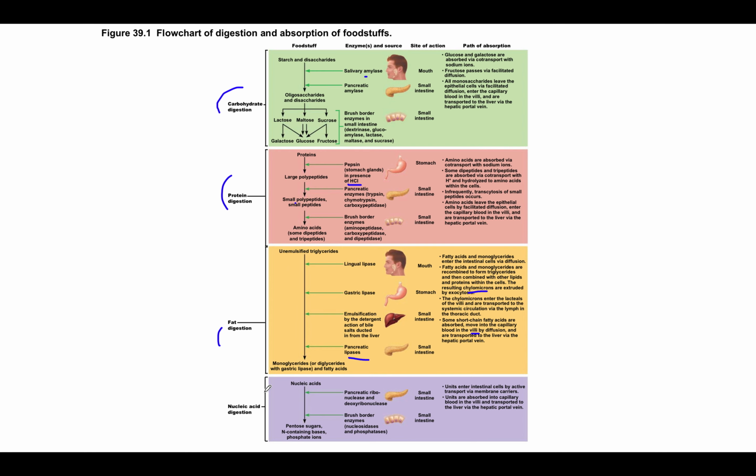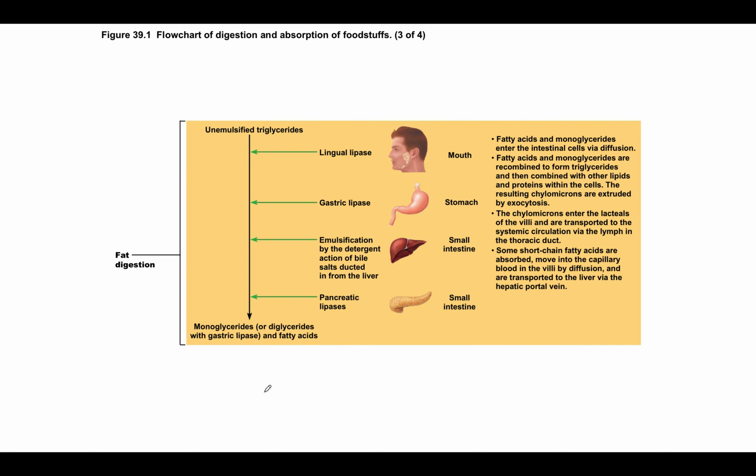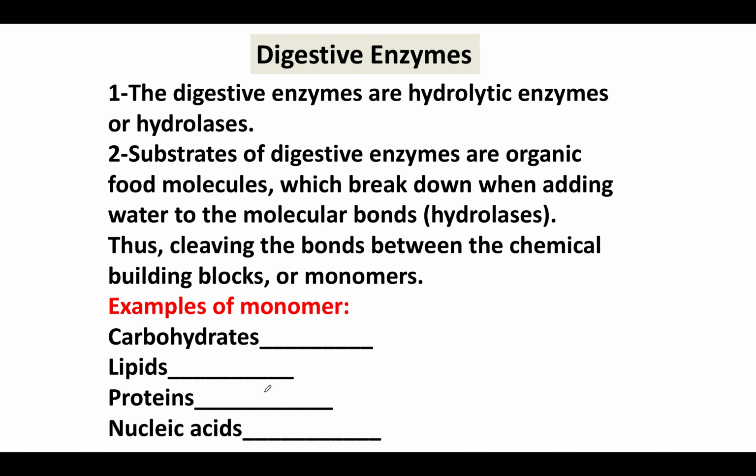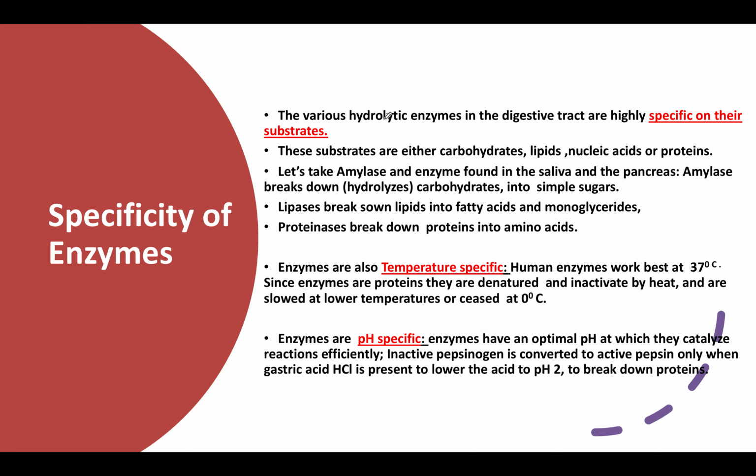So these are just a refresher of the enzymes that are found in the digestive system. These digestive system enzymes are hydrolytic, or what we call hydrolases, because they need water to work on their substrates.